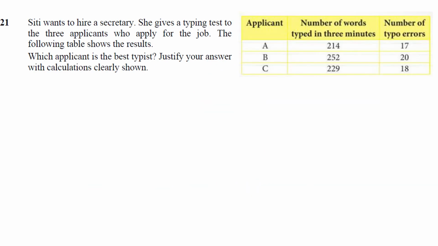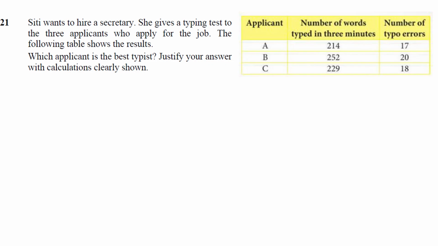Right, if you're running out of steam, don't give up. This is the second last question. We're ending this assignment very quickly. We have this girl here, Siti. She wants to hire a secretary. She may be a boss, or she could be just helping a boss to hire a secretary. She gives a typing test to the 3 applicants who applied for the job, and the following table shows the result.